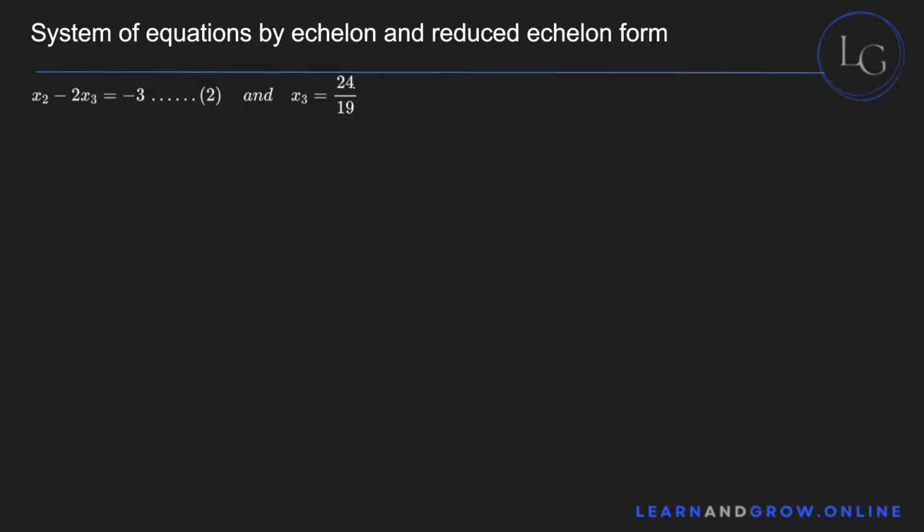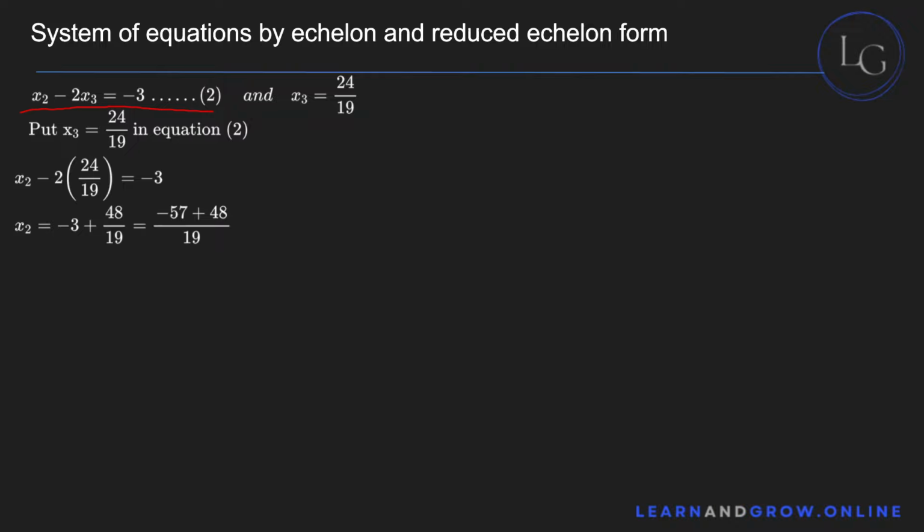So the value of x3 is explicitly 24 by 19, as we've seen from the echelon form. You'll put the value of x3 in equation 2 here to find the value of x2, and by solving it, you get the value of x2 as minus 9 by 19. You'll use the values of x2 and x3 and put them in equation 1.